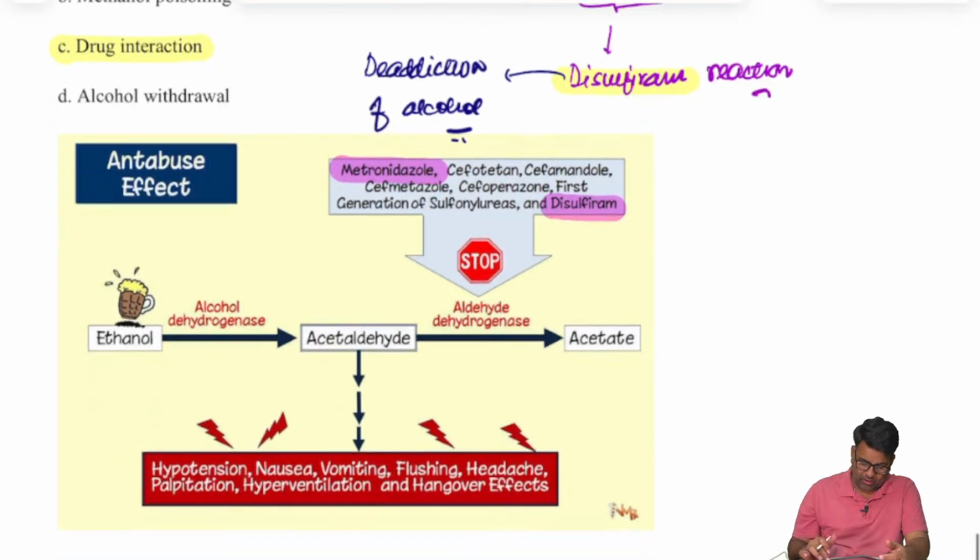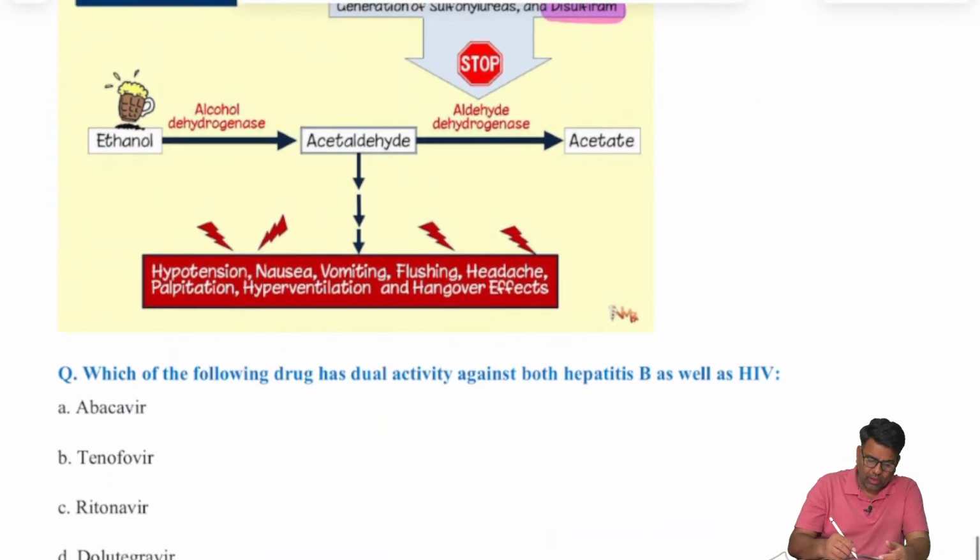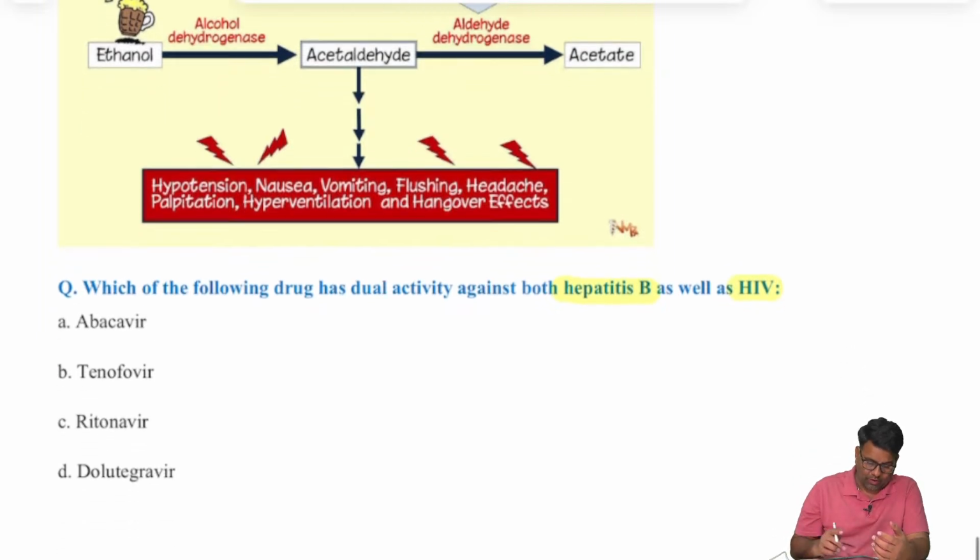Okay, next question. Which drug can be used for hepatitis B infection and also for HIV infection? It can act against two viruses, the hepatitis B virus and the HIV virus, and that drug is tenofovir.